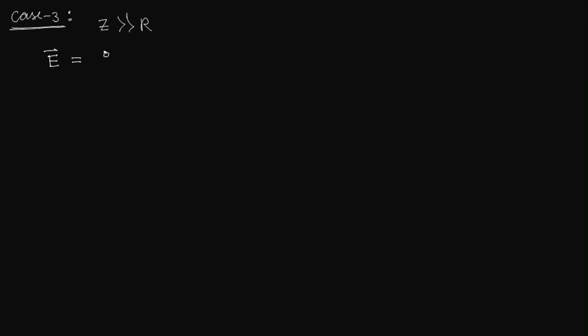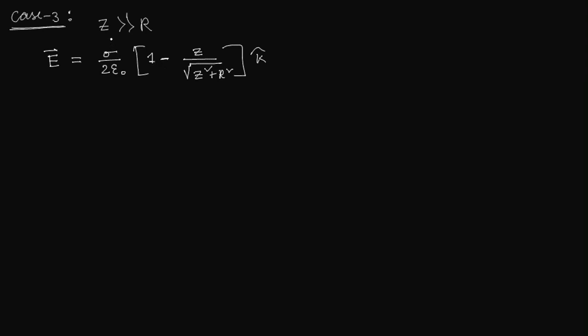Then E will be sigma by 2 epsilon naught times 1 divided by z divided by under root of z square plus r square. This was the electric field at a distance z.